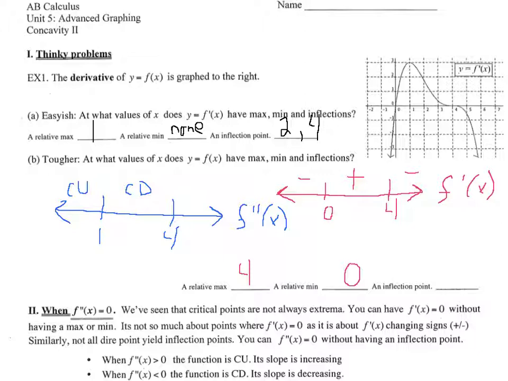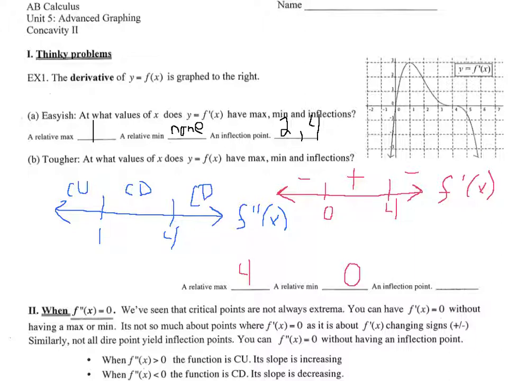And then beyond 4, these continue to be negative slopes. So beyond 4, the second derivative is going to be negative. Again, the second derivative is the slope of the first derivative, so these are all negative slopes. So that means beyond 4 we are also concave down.